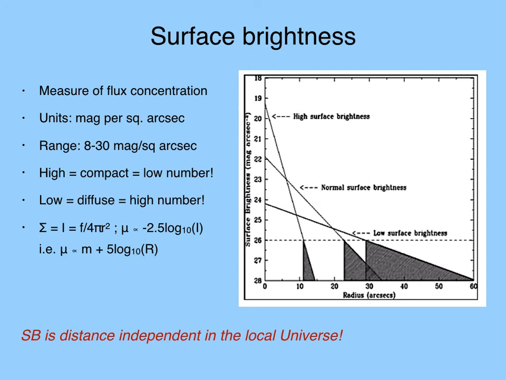But because we're talking in terms of log here, because we're talking about magnitudes, remember that a higher surface brightness would mean that the galaxy is more compact, meaning per unit area it has more light, and hence the surface brightness will be a lower number, and vice versa for a higher number for surface brightness.